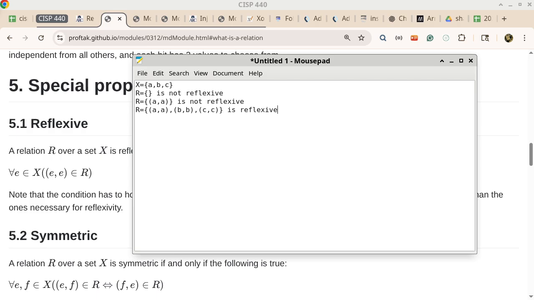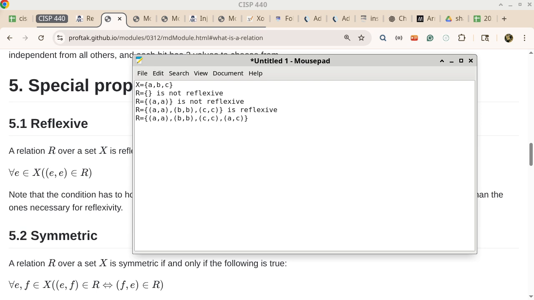So I'm going to throw another case at this. What if we are looking at this one here? We still got A relating to A, B relates to B, C relates to C, but I'm going to throw in A also relates to C. Is that reflexive? Why is it not reflexive?